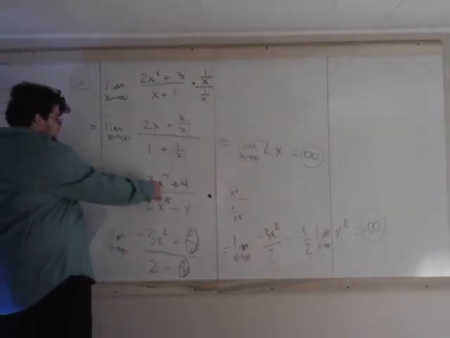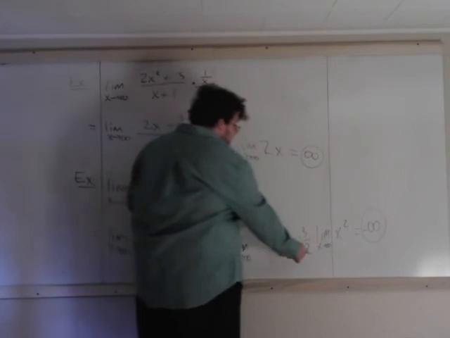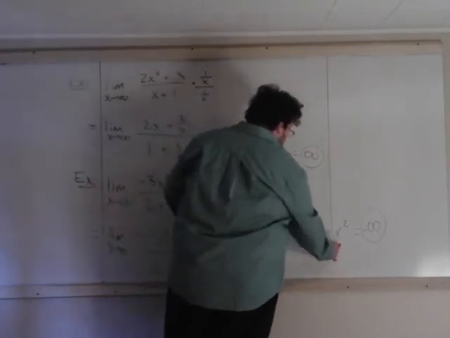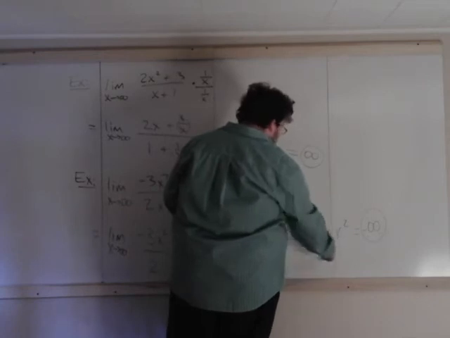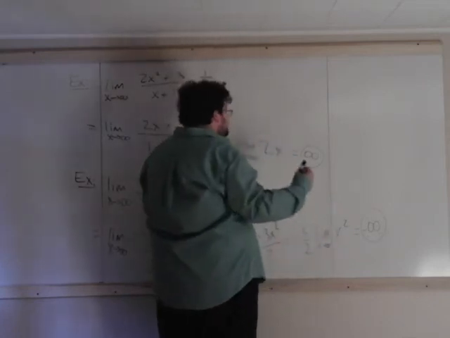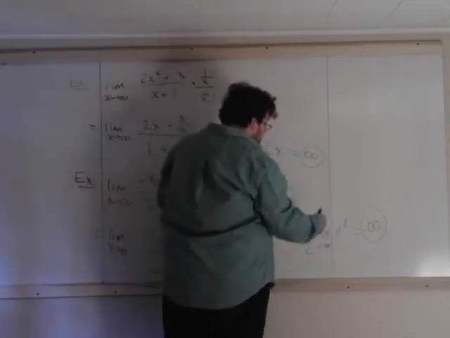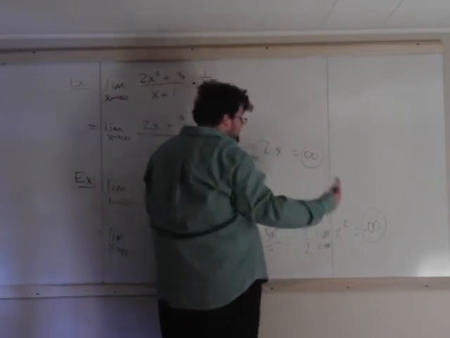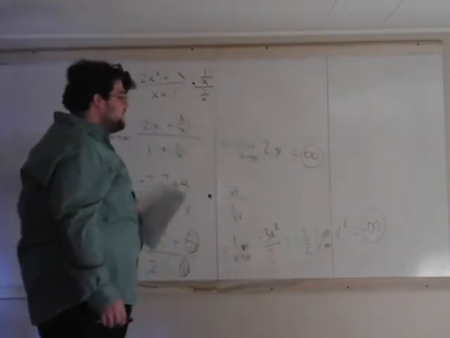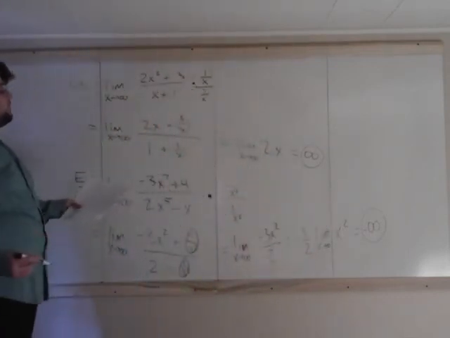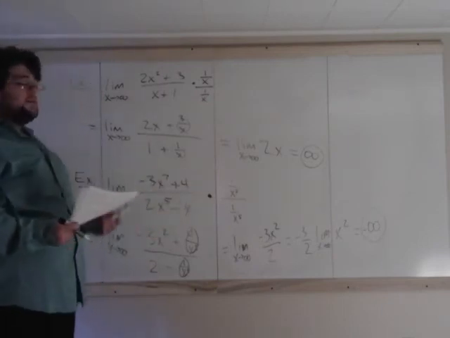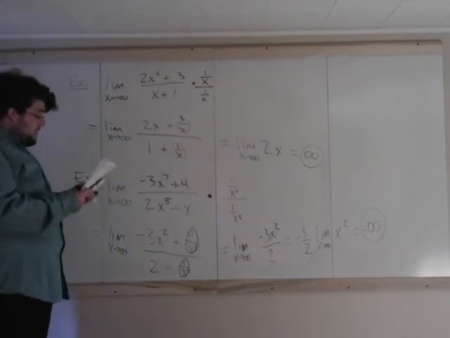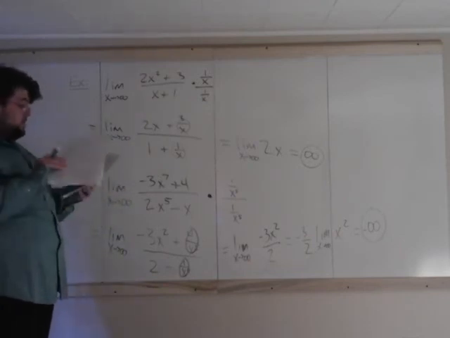Well, negative 3 and positive 2 turn this limit, which is infinity, into a negative times that infinity, or a negative infinity. So even before doing any of the algebra, you might be able to figure out what answer you should expect. But you do have to go through the algebra.